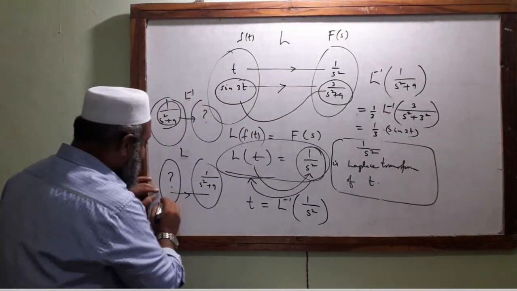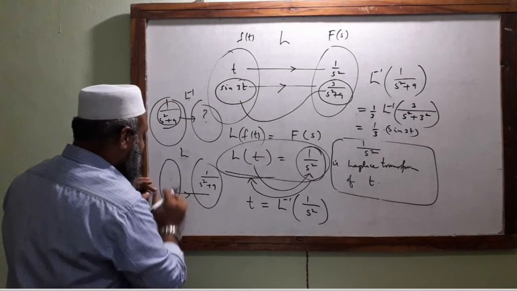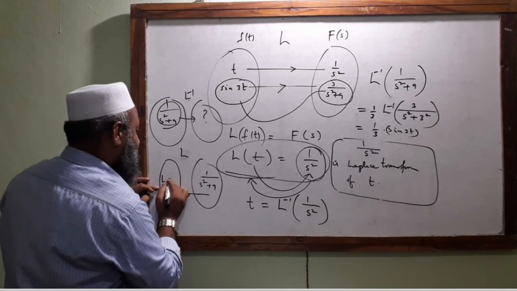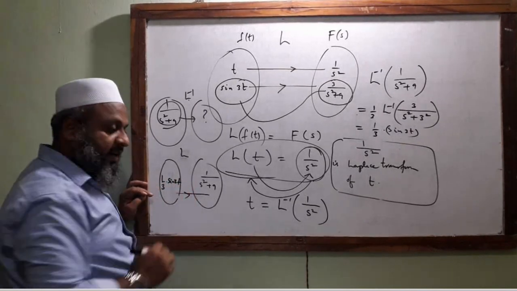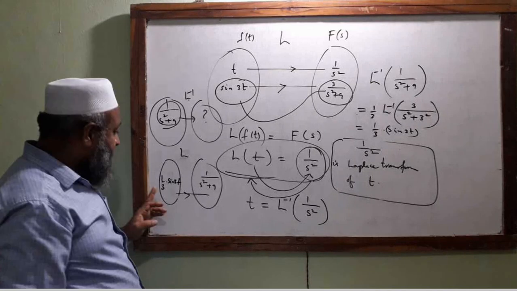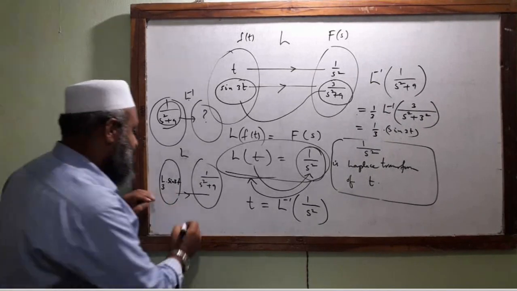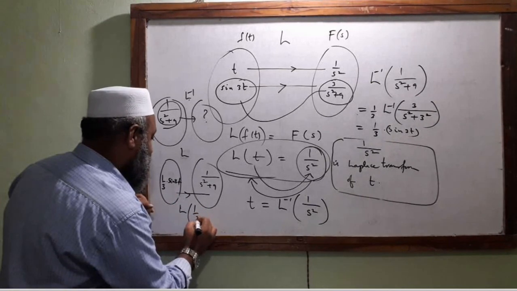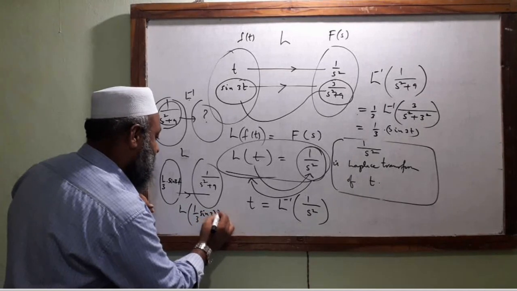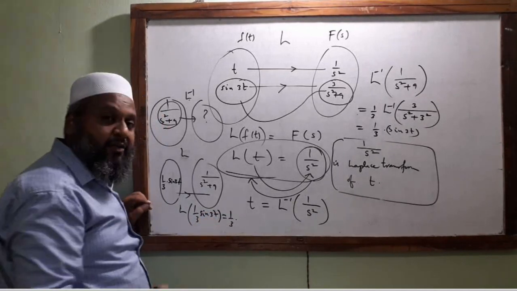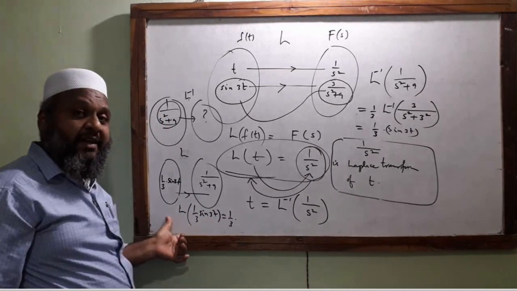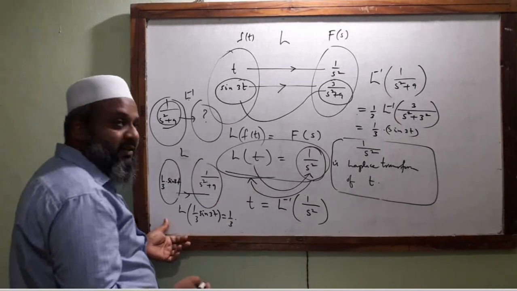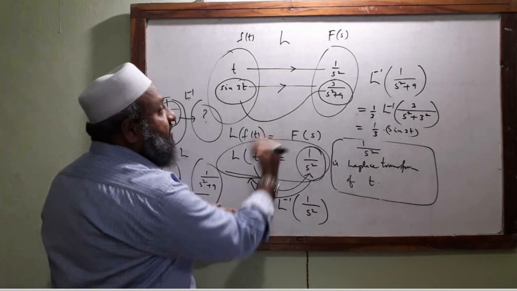So if I take 1 by 3 times sine 3t, then the Laplace transform for this is L of 1 by 3 into sine 3t, which is 1 by 3 coming out. Whether we can take 1 by 3 outside is answered by the properties of Laplace transforms. After this we will enter into that.